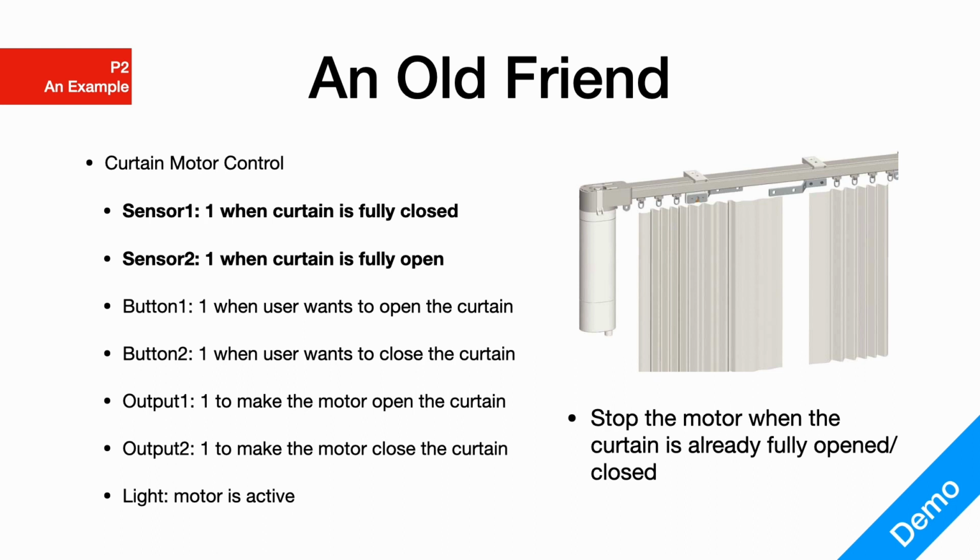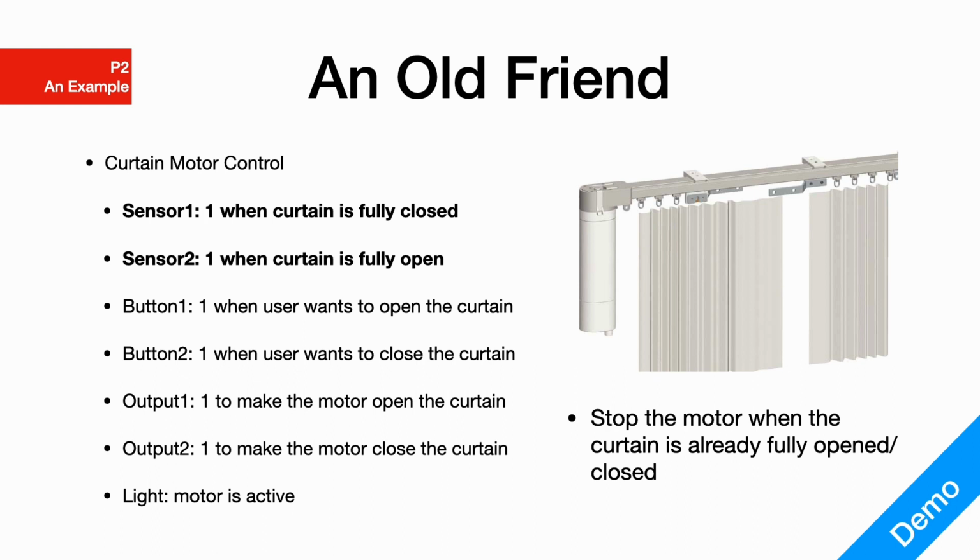And when the curtain is fully open, you will not be able to rotate the motor further to even, well, open it further. You also have 2 buttons where the user could provide its inputs. The user could choose to press button 1 to open the curtain. Now, the curtain will be in an opening position if the curtain is not fully opened, of course.